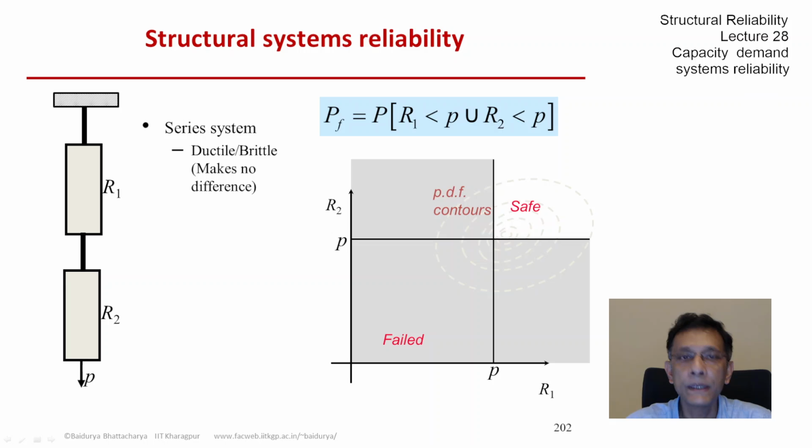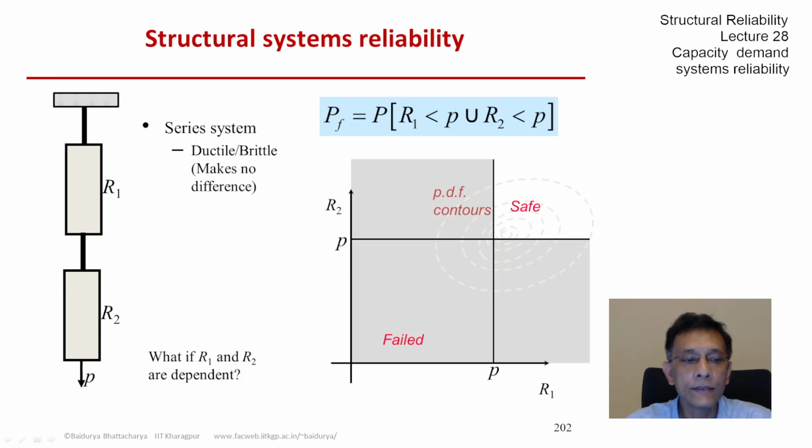So if we know the joint distribution of the R's, and if P is a constant, then we could integrate this joint density function, and estimate the failure probability. Now, obviously, there could be a couple of questions here. We might be tempted to just treat R1 and R2 as random but independent, but it may not always be that simple.